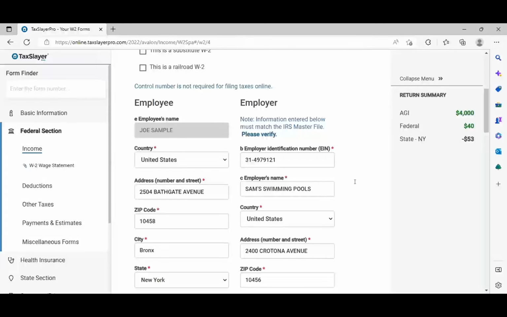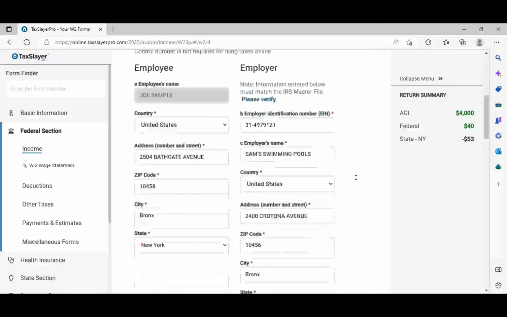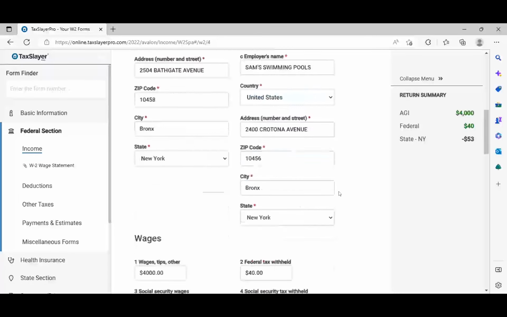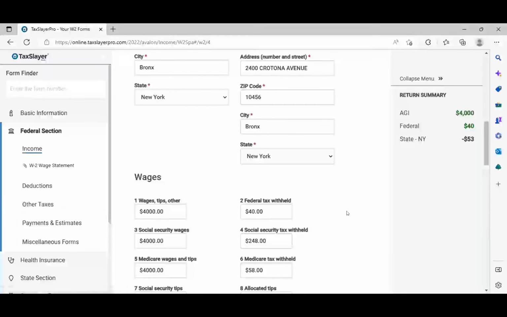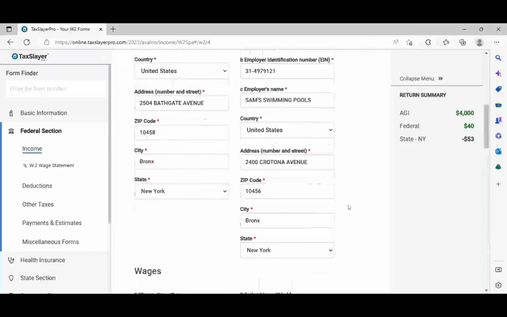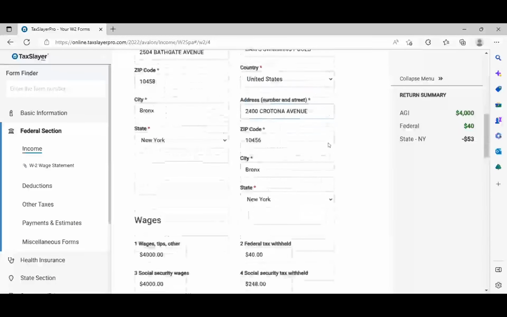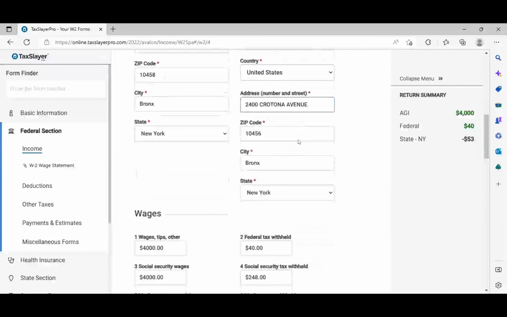You're going to get that from the W-2 itself. You see some of these references, for example, B and C, and even these line numbers here. They are references to the W-2 itself. So it's essentially a copy job, taking the information from the W-2 and entering it here. Of course, make sure you're entering it correctly. Make sure that EIN number, the identification number of the business, is correct, the name of the business is correct, etc.